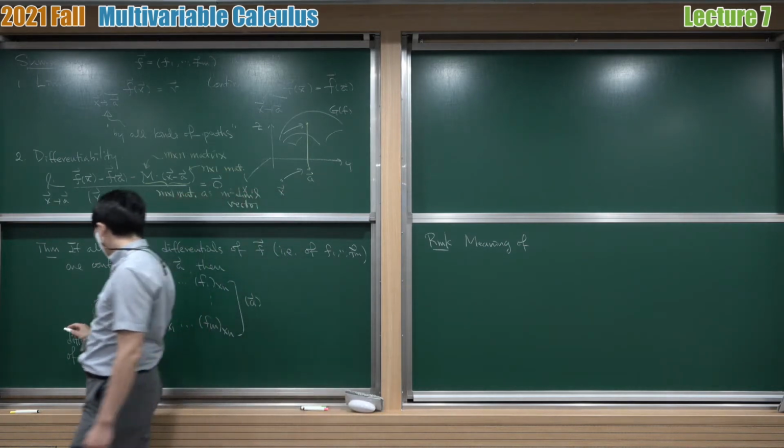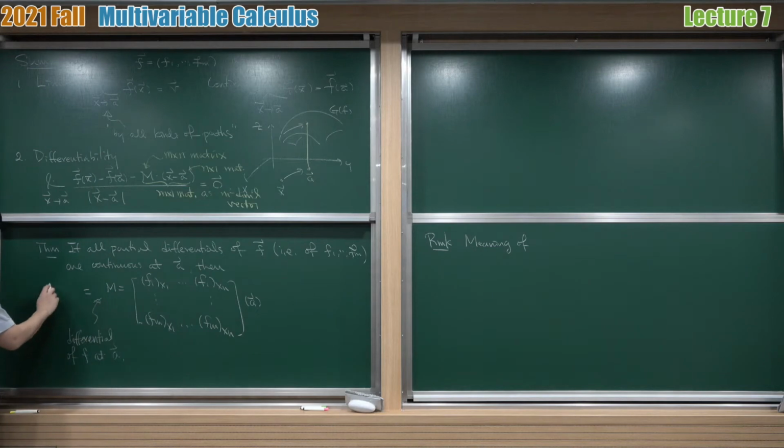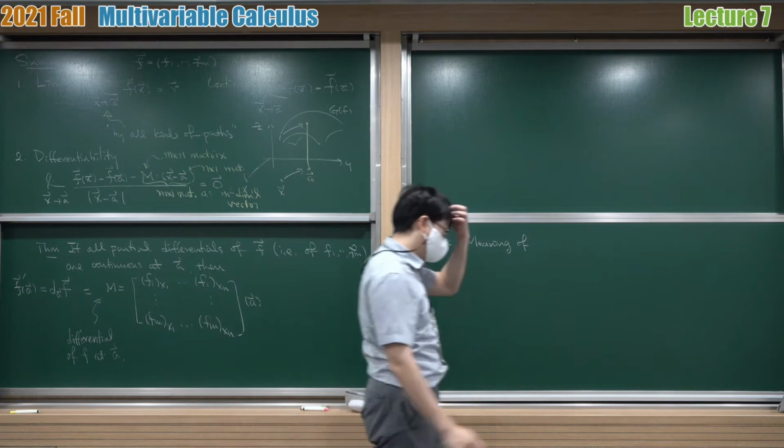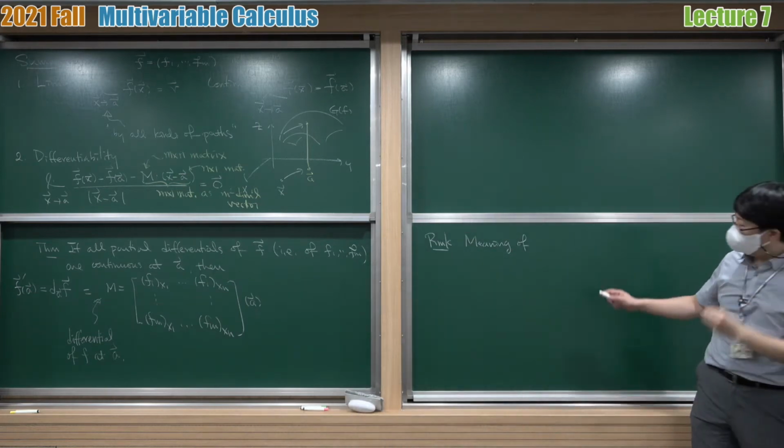We're going to write it as d_a f, or sometimes people put f prime, the same notation as for a single-valued function, but remember that this is a multivariable function. So there are several different notations for differentials.